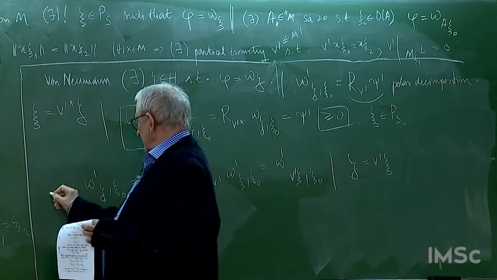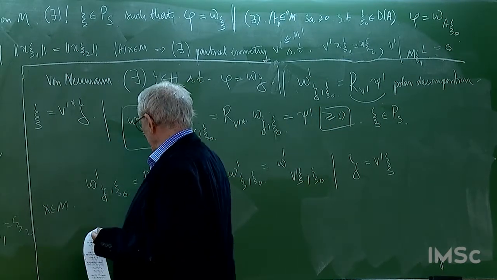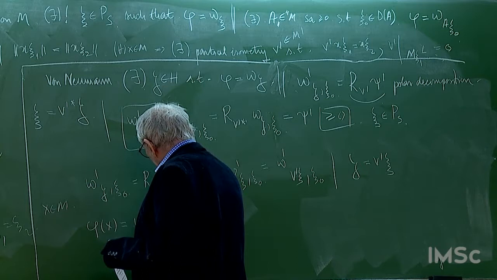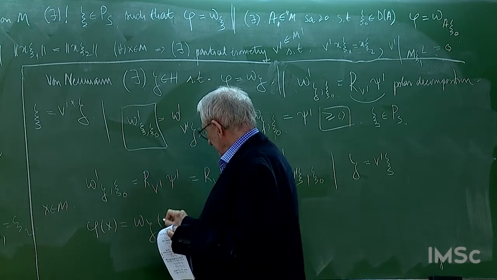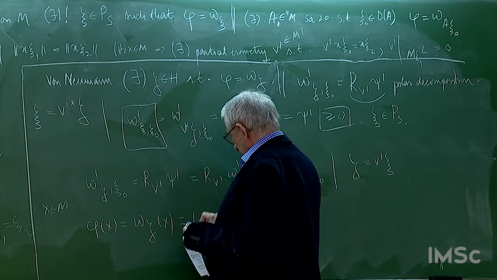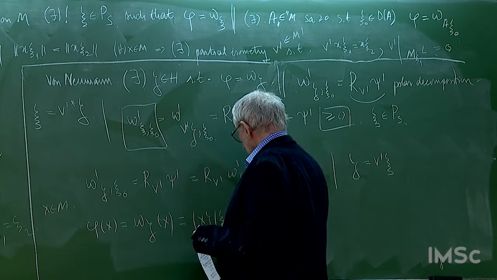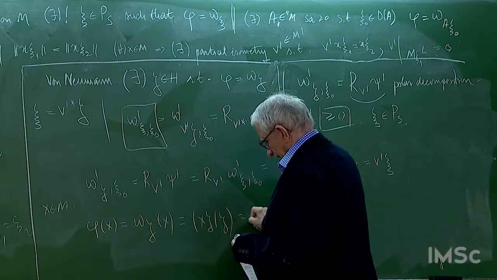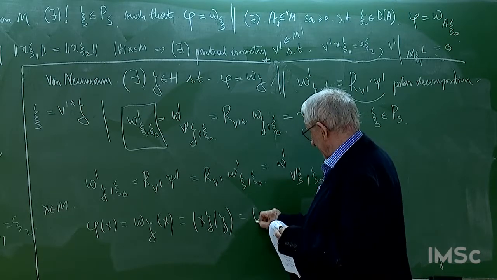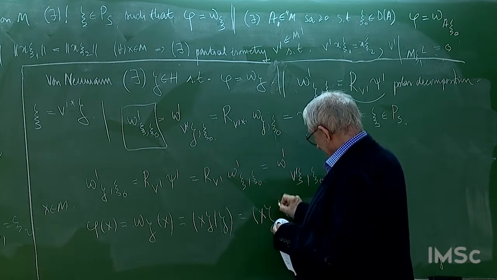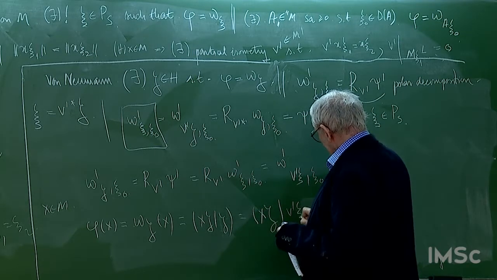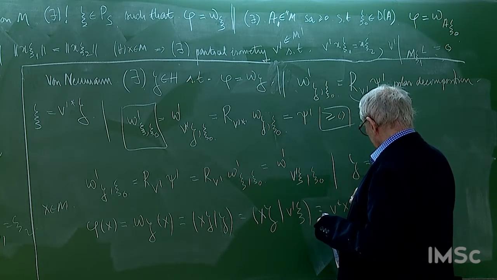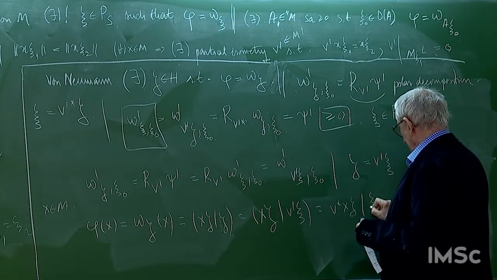And then for every x in M we will have the following. Phi of x is equal to omega zeta of x. It's equal to x zeta xi. I'm sorry, x zeta zeta. Is equal to x zeta times zeta was V prime of xi. This is V prime star x zeta times xi.